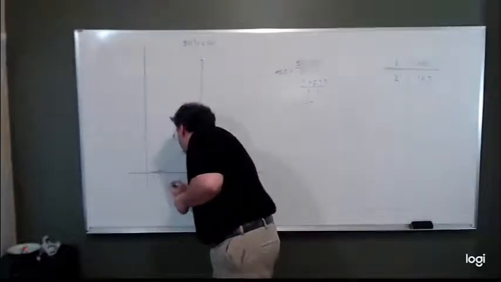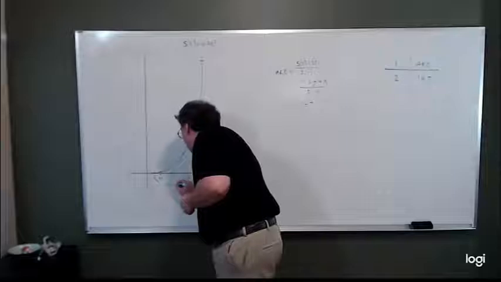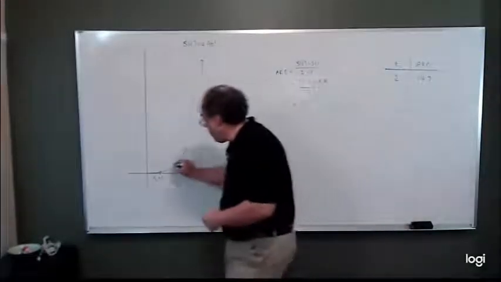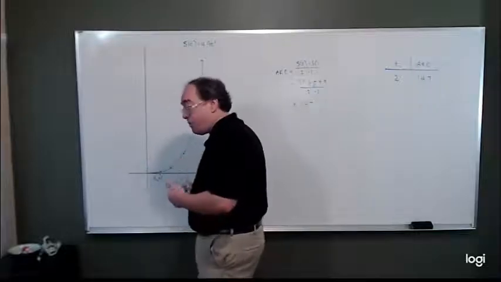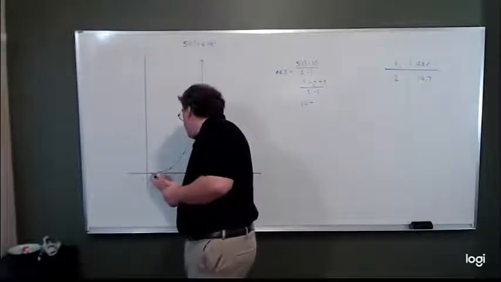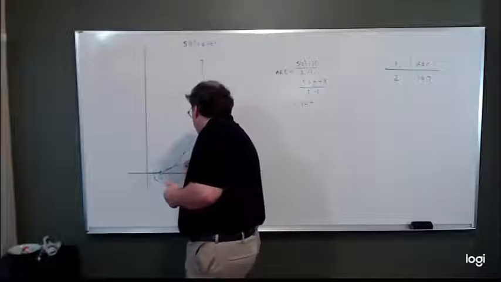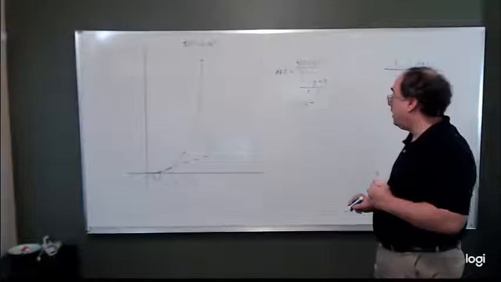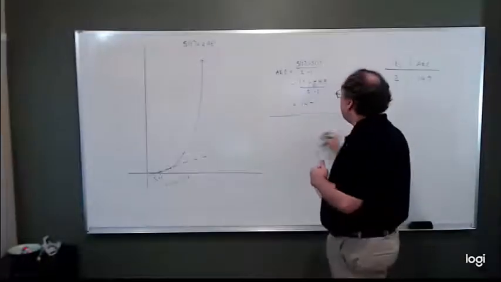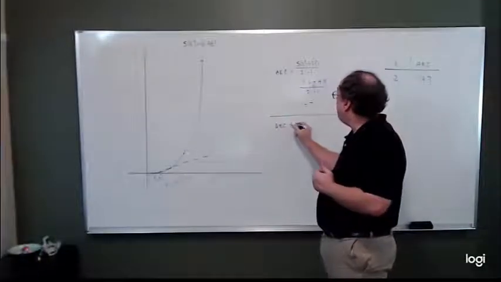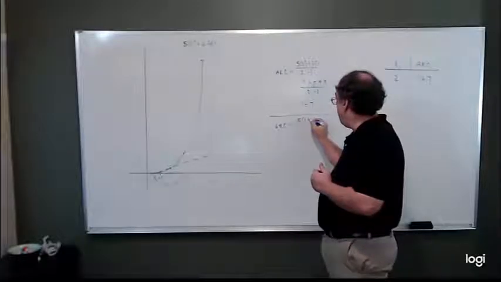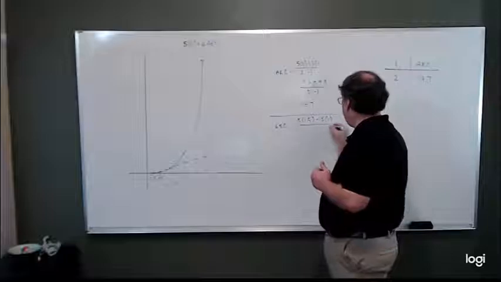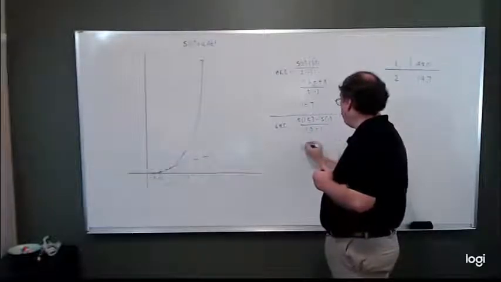Suppose I do t2 equals 1.5. Now you see my second point is here, and I'm looking for the slope. I'm trying to draw this a little differently so you can distinguish the two. I want the slope of that line. The average rate of change is s of 1.5 minus s of 1, over 1.5 minus 1.